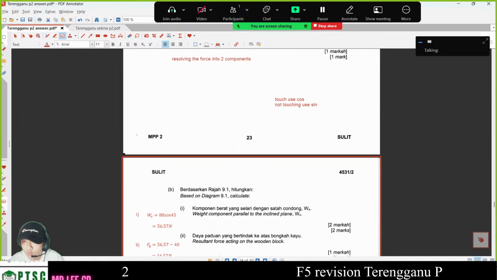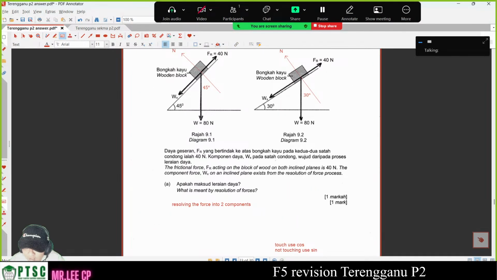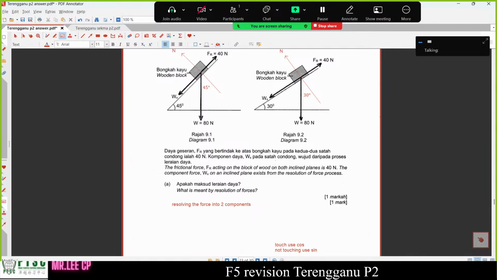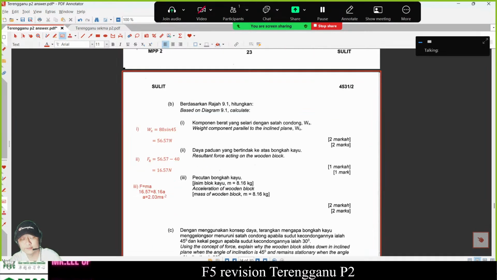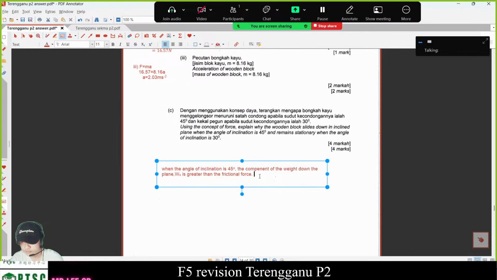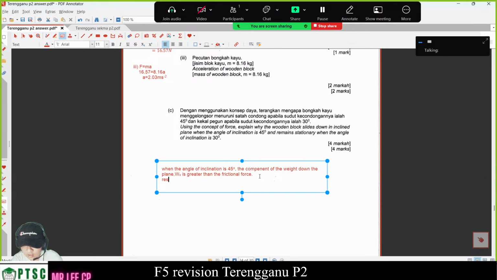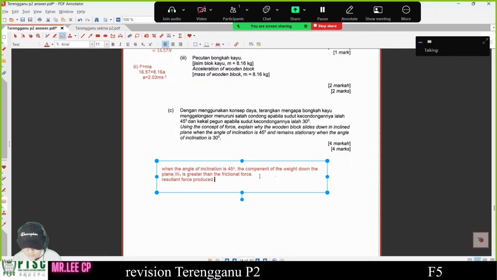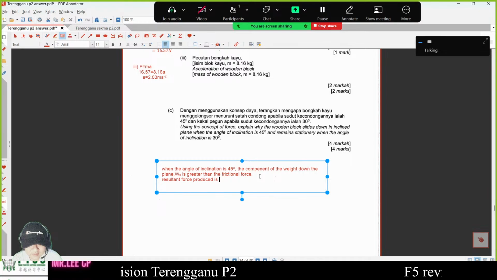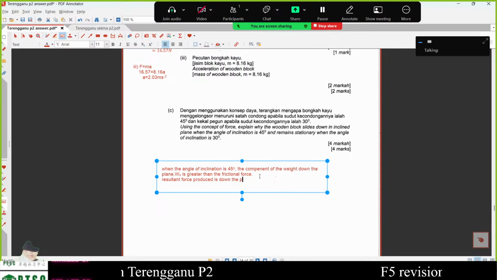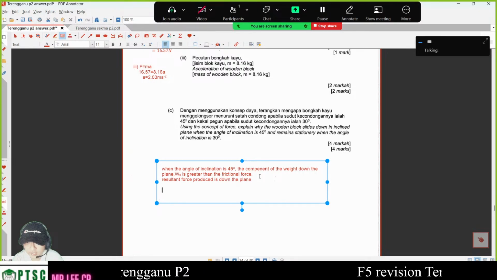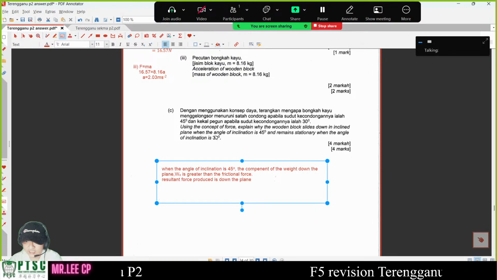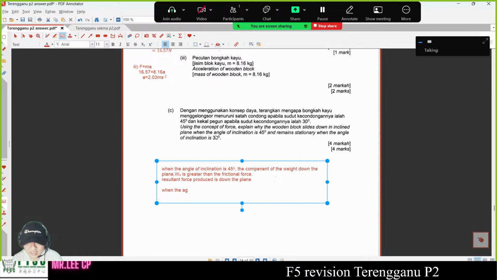So when your Wx down here is more than the frictional force, a resultant force is produced in the direction down the plane. So a resultant force produced is down the plane.